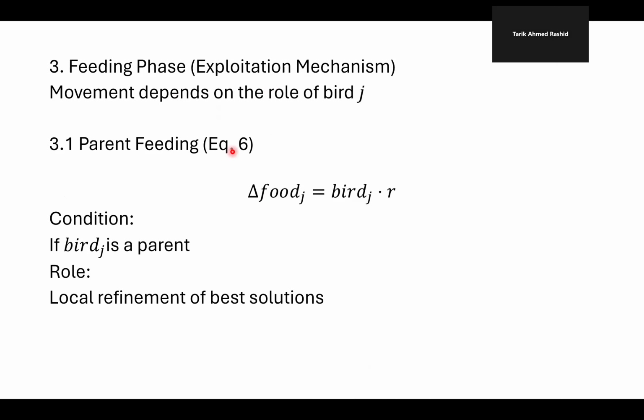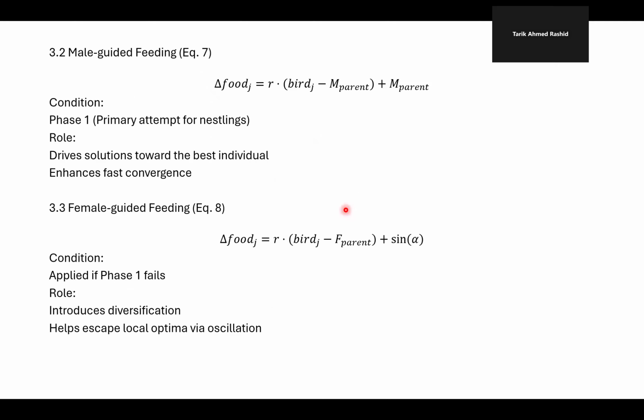Now, the feeding phase, the exploitation mechanism. This is the parent feeding himself: a male parent feeds himself. The bird here represents the male parent multiplied by the R to get the delta food. This is the local refinement of the best solution, so the best solution will try to improve itself.